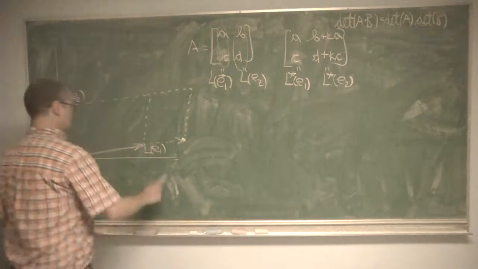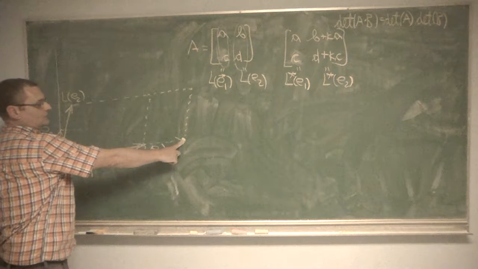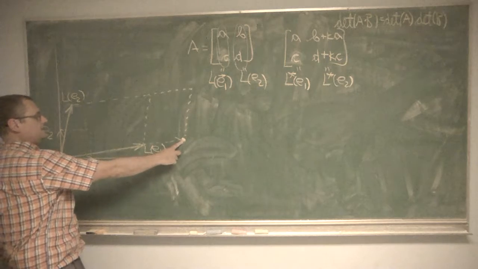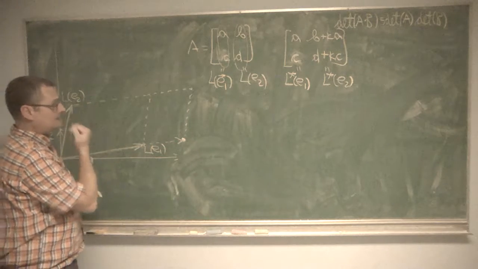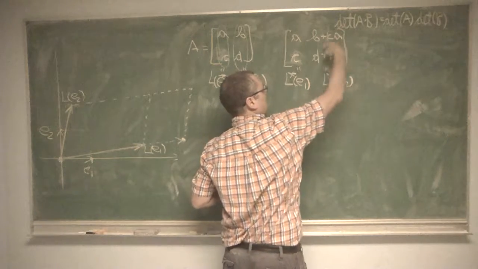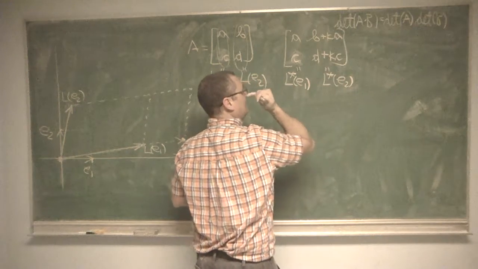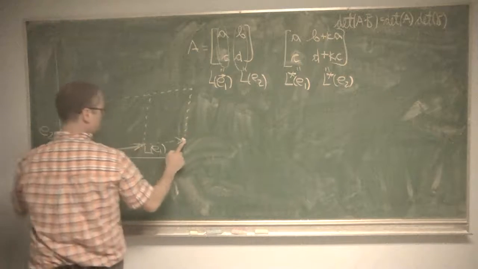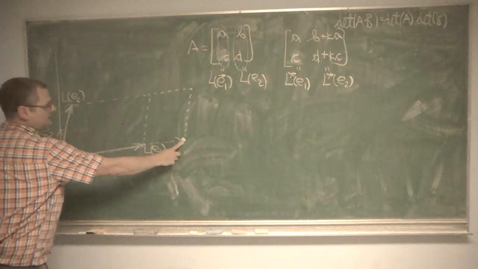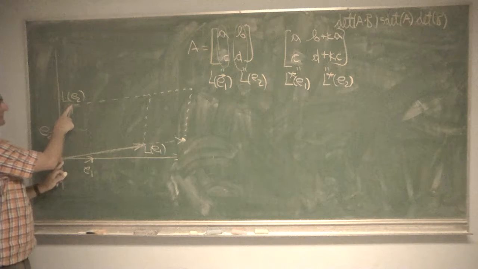So this is K times L of E1, in other words, K times vector AC. But I have that vector K A, K C, and I add vector BD. So this is my K A, K C, and this I add vector BD.